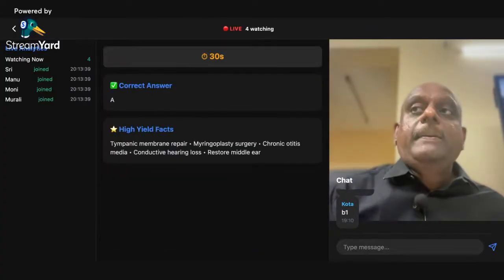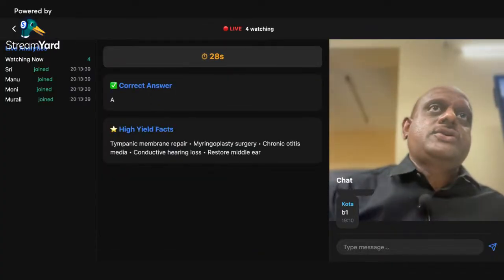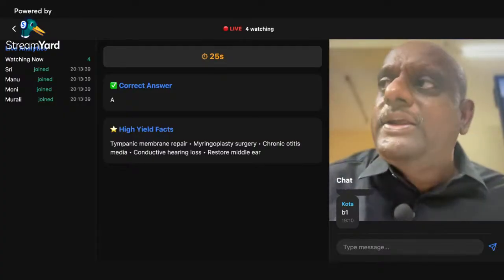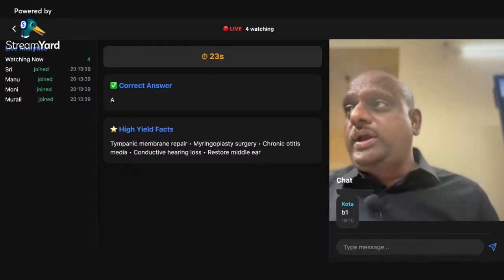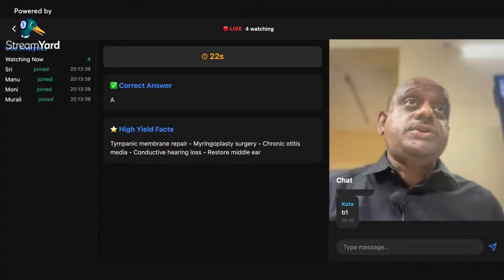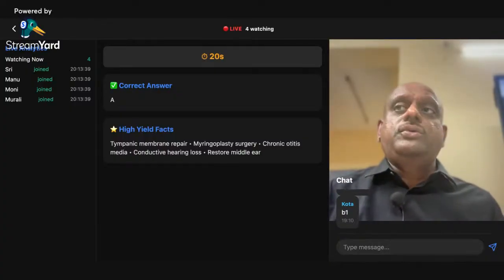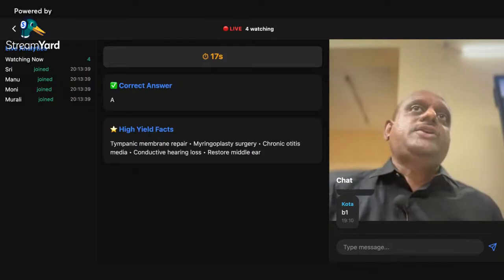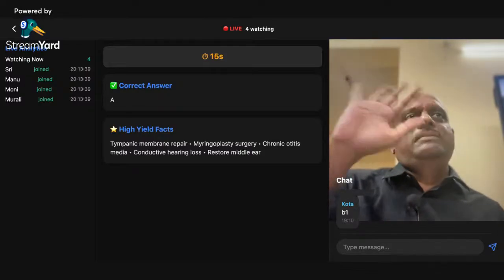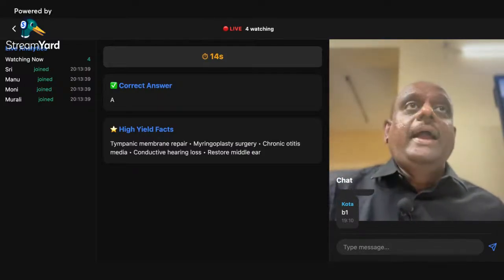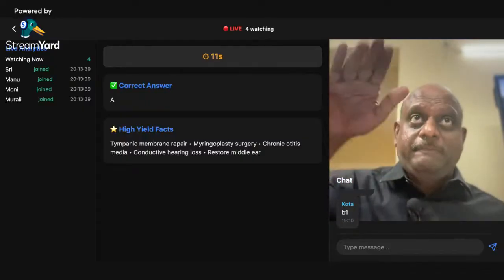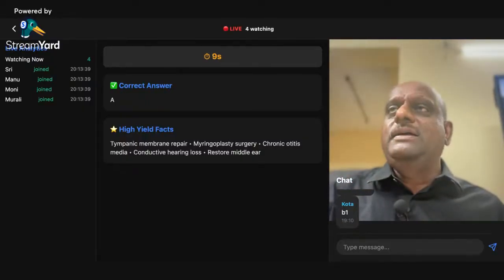Tympanic membrane repair is called myringoplasty, especially when chronic otitis media with conductive hearing loss is there. To restore the middle ear, myringoplasty is considered to be the management. For ASOM, CSOM, compulsory one question. And different types of mastoidectomy, you need to be ready, which are called step up, step down, etc. Next.